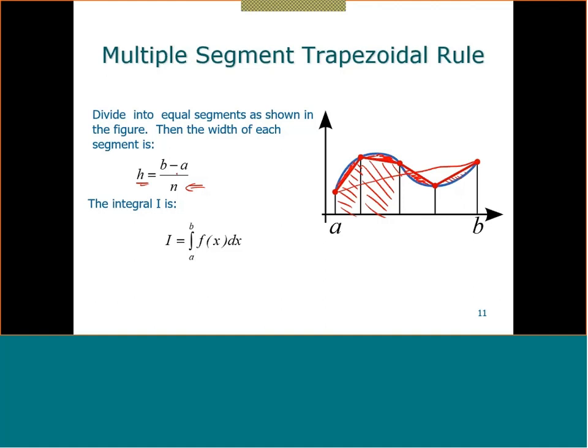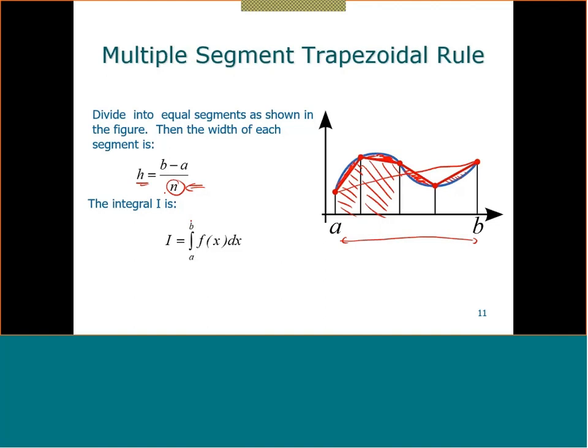Now h would be the width of this. If n is equal to 2, then you will have two segments. n is the number of segments, and h is the width of that segment or the increment. So if n is 2, then h becomes b minus a over 2 on one side, the other side b minus a over 2. n is equal to 4, and so on and so forth. This is how you split the integration.